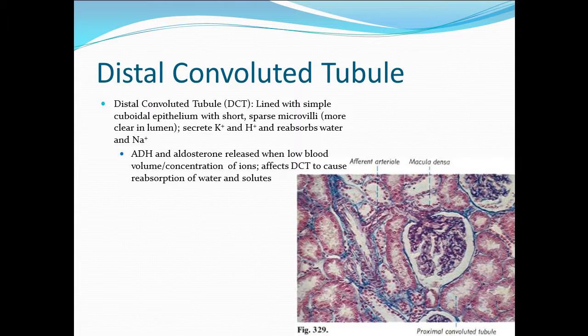So from the ascending limb of the nephron loop, now we go into the distal convoluted tubule. The distal convoluted tubule secretes potassium ions and hydrogen ions, but it reabsorbs sodium ions and water. And we talked about this earlier on, about ADH, aldosterone, and stuff like that, right? ADH is antidiuretic hormone. What does it do again?